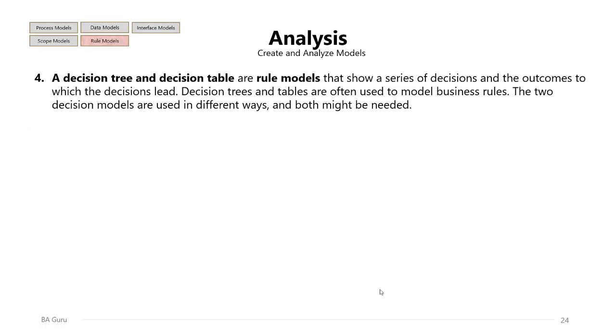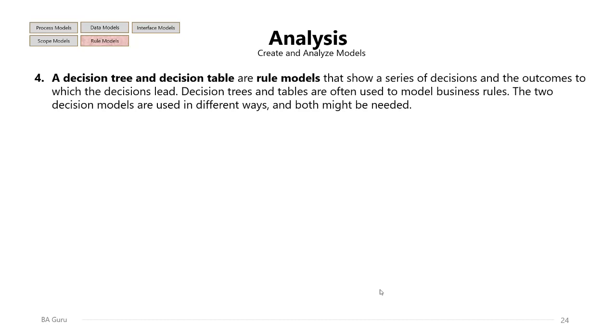The fourth model is a rule model. It is called the decision tree, and another model is the decision table, but we are covering them together because they are very similar to each other. Both are rule models that show a series of decisions and the outcomes to which the decisions lead.